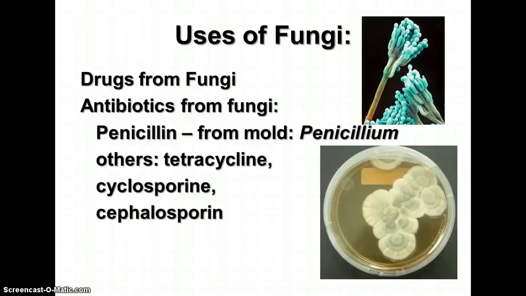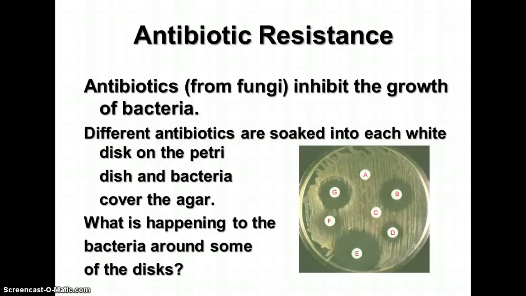A scientist accidentally had let a bacterial colony that he was growing get mold spores on it, and he noticed that where the mold was growing around that area, it was clear and there was no bacteria growing. And so he investigated and discovered that there was a product that was produced by the fungus that actually killed or prevented the bacteria from growing. That was the first antibiotic that was discovered.